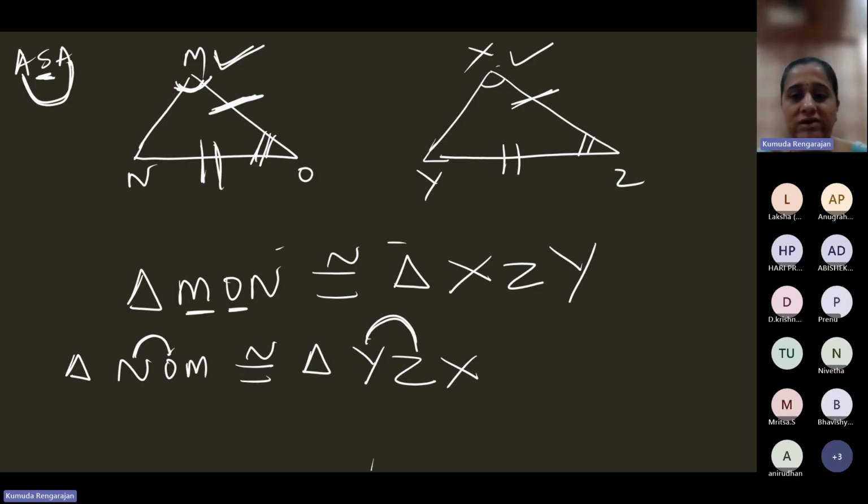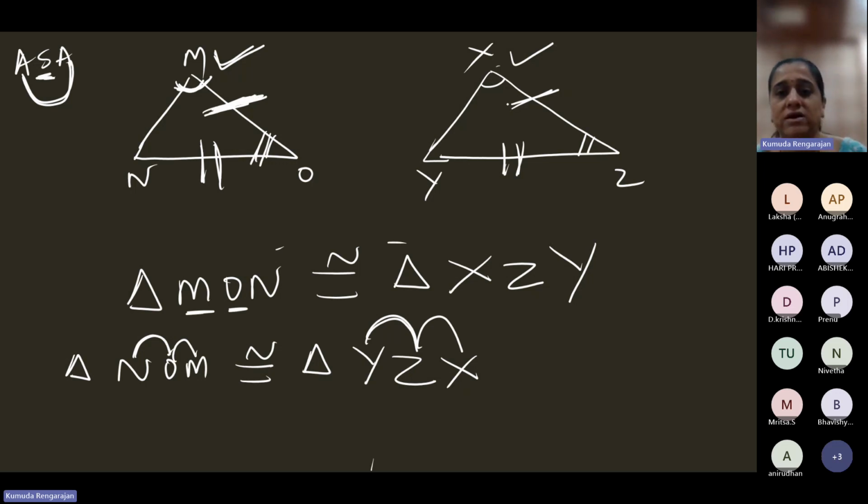Now CPCT: NO is equal to YZ. We didn't know that. Because they are congruent, these are the corresponding sides. NO corresponds to YZ. Then OM is equal to ZX, which we already knew, it was given already.